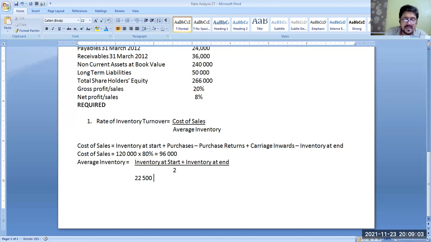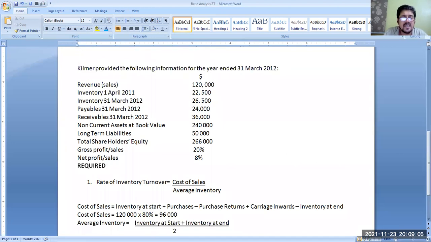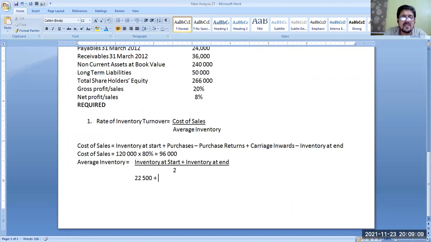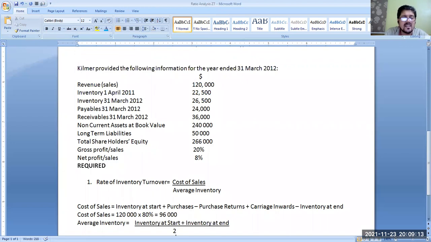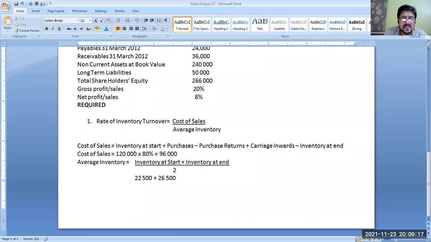That is inventory at start, plus inventory at end, 26,500 on 31st March 2012, divided by 2.